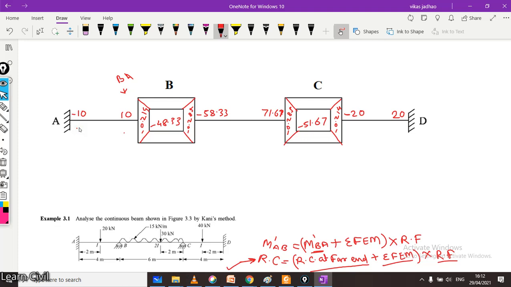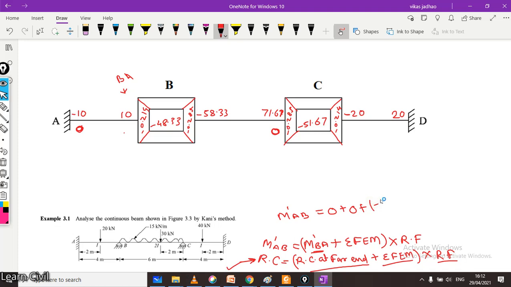You can see there is no rotation contribution here, so I'll take this as 0, plus rotation contribution at CB, no value is there, again 0, plus fixed end moment, which is minus 48.33.